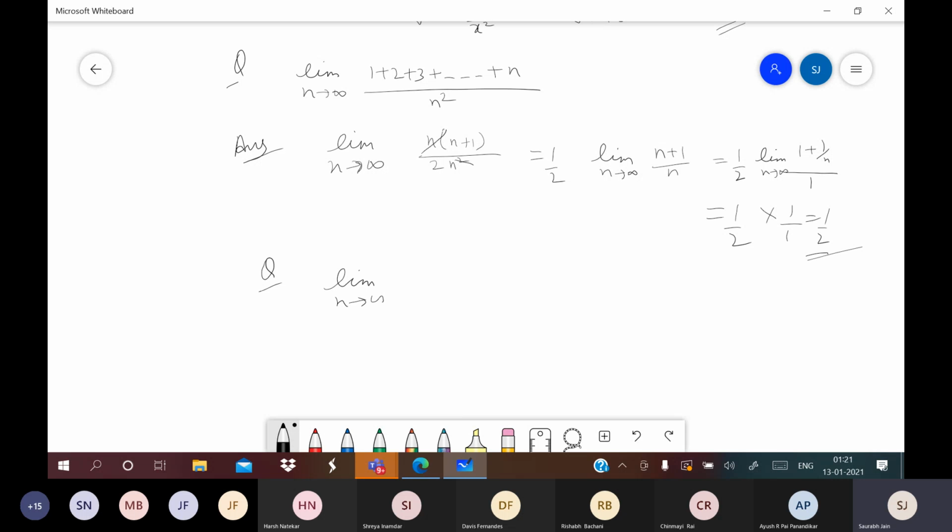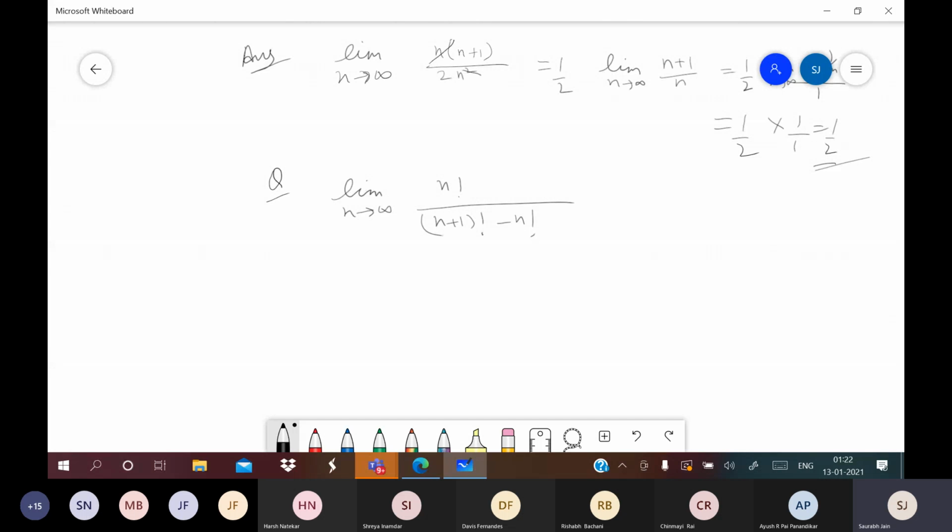Solve this question. Limit n tending to infinity, n factorial upon n plus 1 factorial minus n factorial. What is the first thing that you should do in this question?